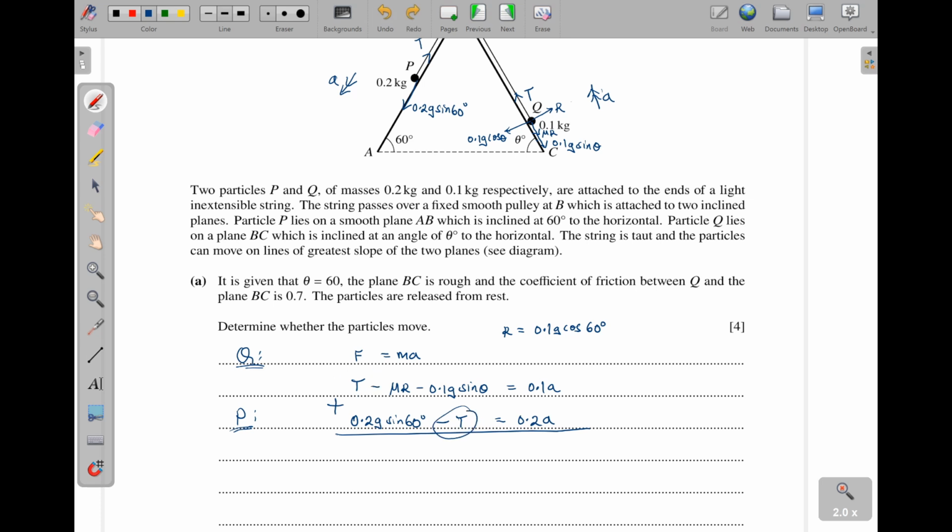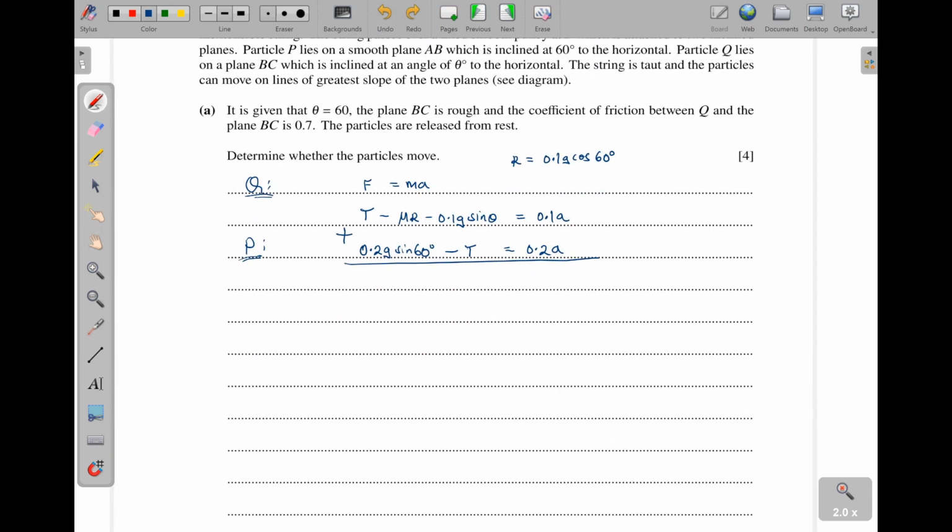Now down here you have 0.2 times 10, sine of 60 is a half, so 0.2 times 10 is 2, divided by 2 gives 1.